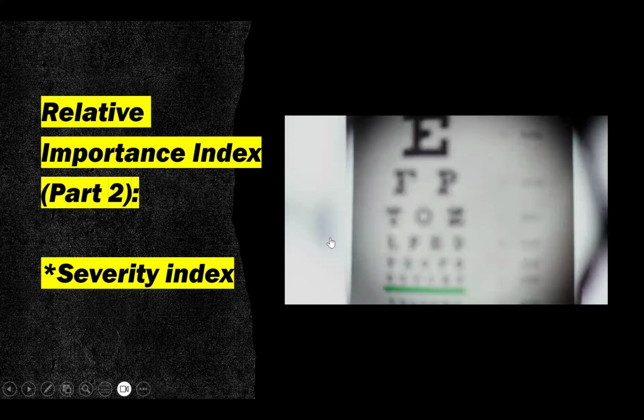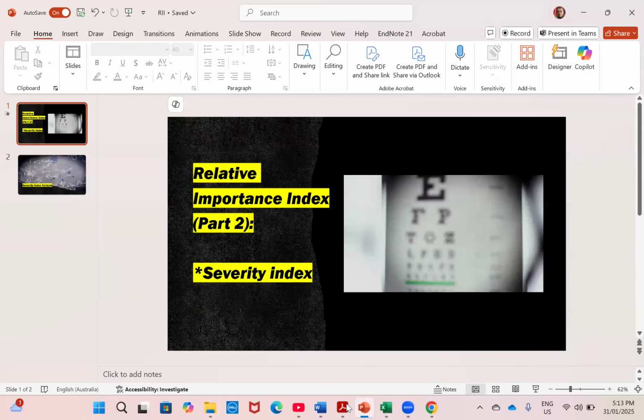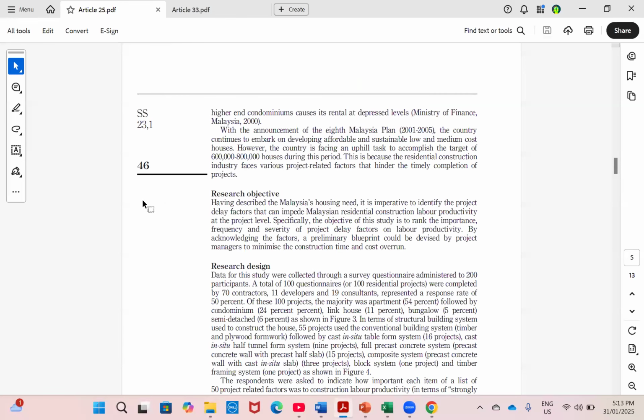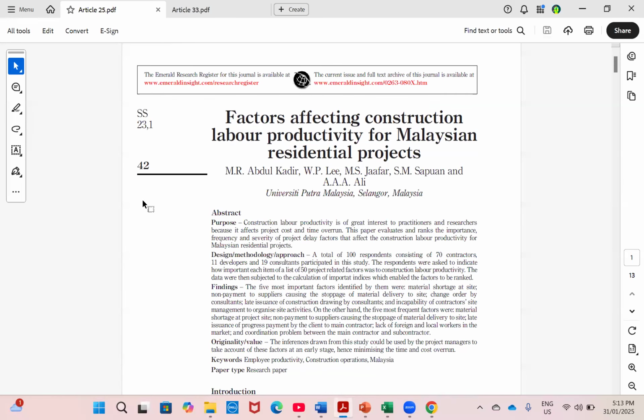But before we go, I want to show you only 2 of them quickly, which you can use. I'm just going to show you the titles. The first one is Factors Affecting Construction Labor Productivity for Malaysian Residential Projects.